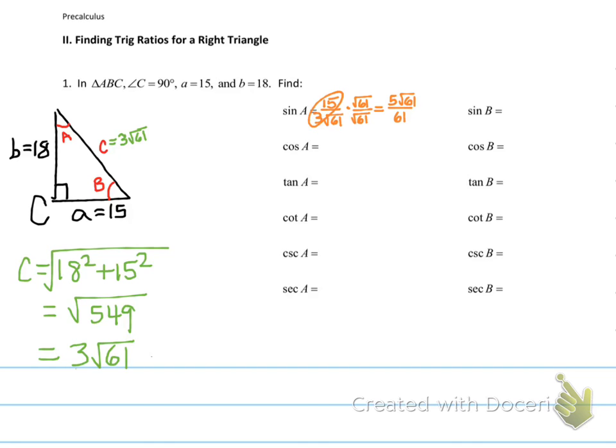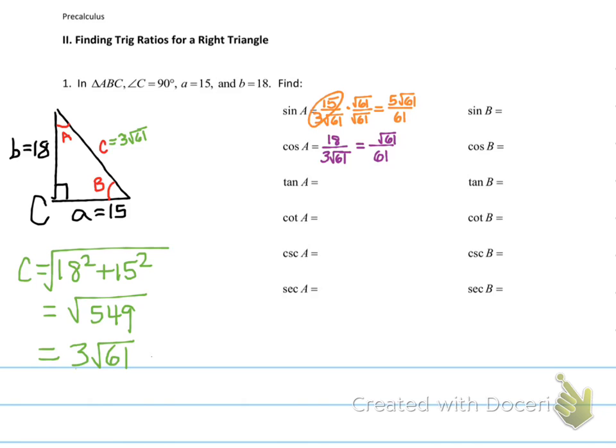So cosine of A is adjacent over hypotenuse. So this is going to be 18 over 3 root 61. And again, we're going to rationalize again, but I can do it now that I've done it before, and I know that 61 is going to be left on the bottom.